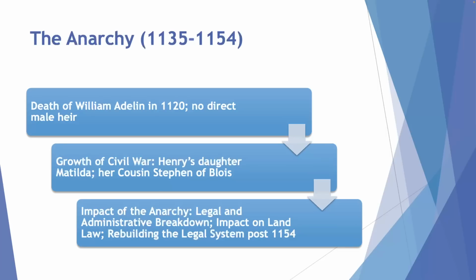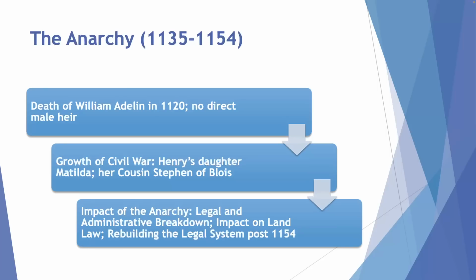Ultimately then, all of this lack of centralized authority would delay the development and the building of a common law system during this period. It wouldn't be until Henry II, which we're going to talk about in a second, that the common law would start to develop in the way that it does.